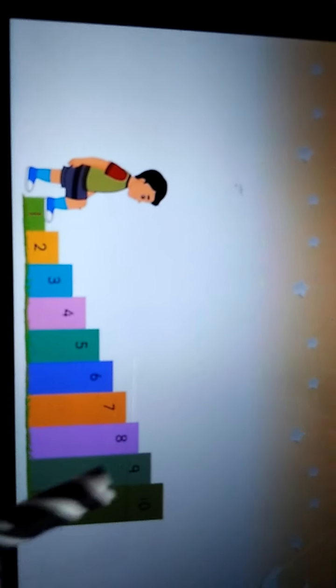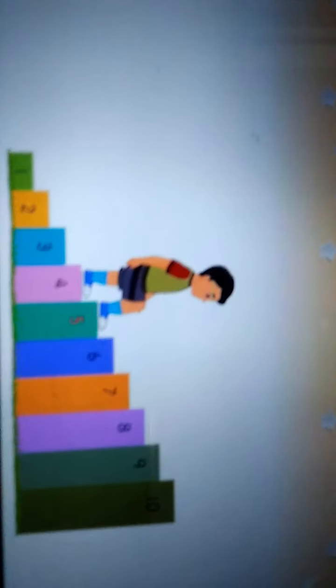Now as you see, Rahul is trying to climb the first step, then the second, next he will climb the third one, then the fourth one, and as you see, he is climbing from the smallest number till the biggest number, and all these you can see it is increasing.